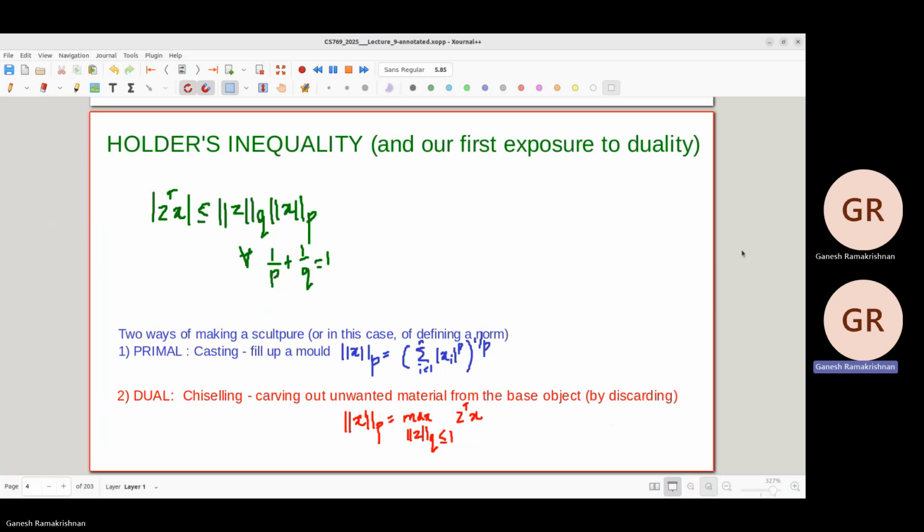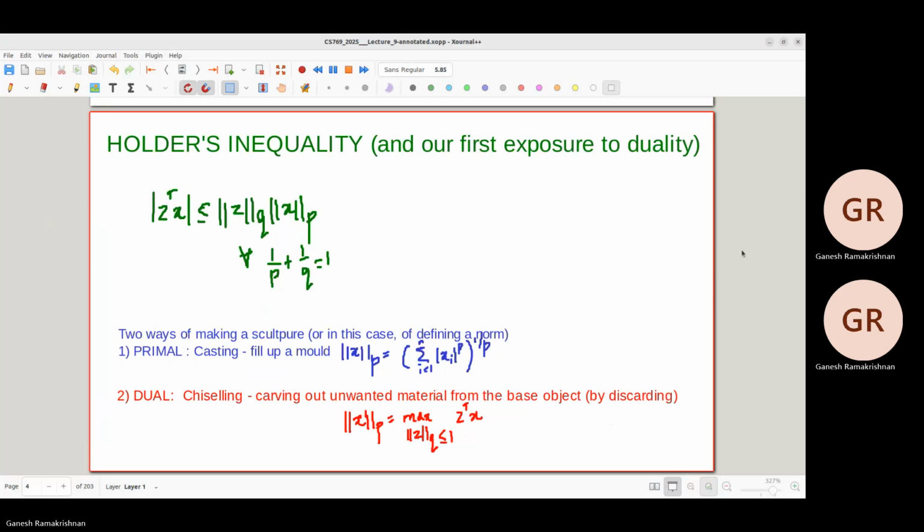So we got two views of the p norm of x: one by construction, one by kind of negation. This inequality is like saying max over min of z transpose x. It's like chiseling away; that's a dual view. The primal view was by construction. Similarly, we got the subdifferential of the one norm of x by construction.